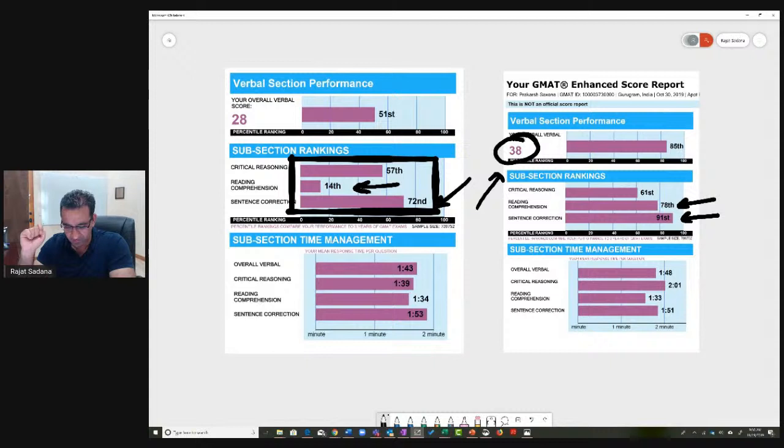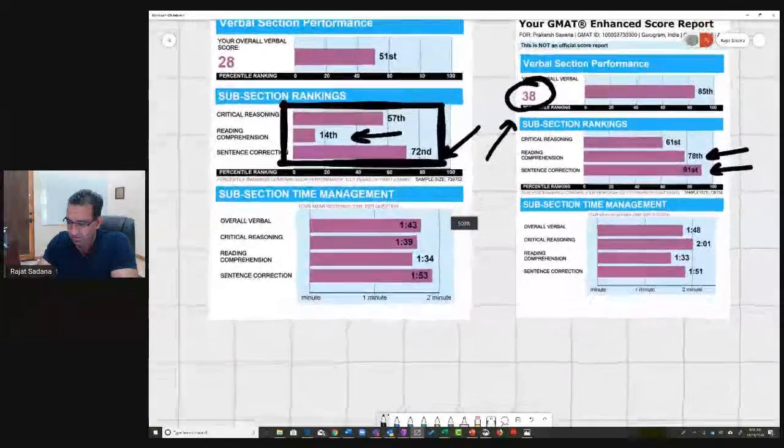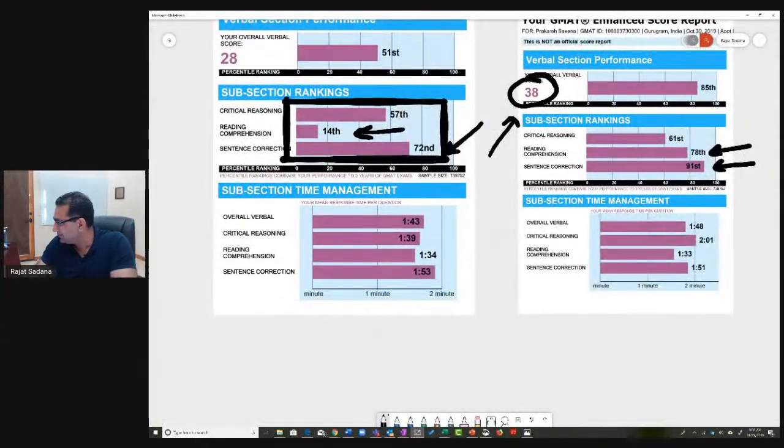one of the other things that you would notice over here, do you see the timing piece at the bottom? What do you observe from the timing piece? I'm going to zoom it in. His timing, even though he did really well in RC over here, hasn't changed a whole lot.